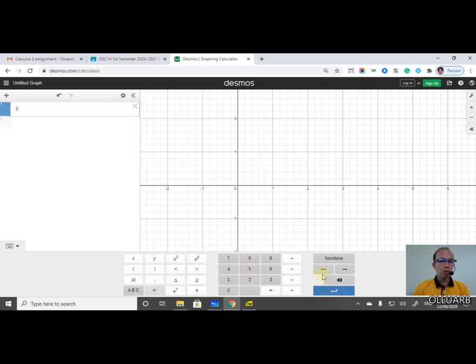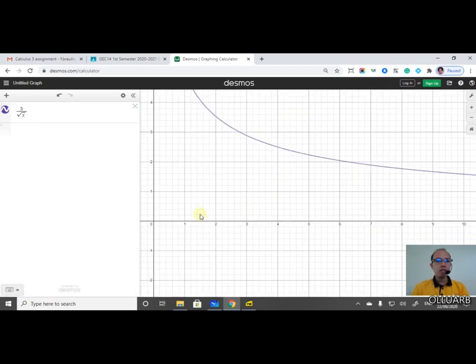function, 5 over square root of n with n replaced by x, as you can see here, your n is 1, so we have a point.